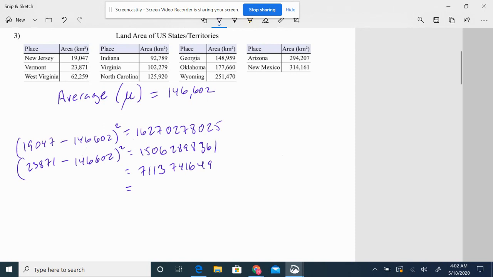My fourth number, I know they're kind of big, but we have calculators for these. My fourth number is 28,958,389,69.